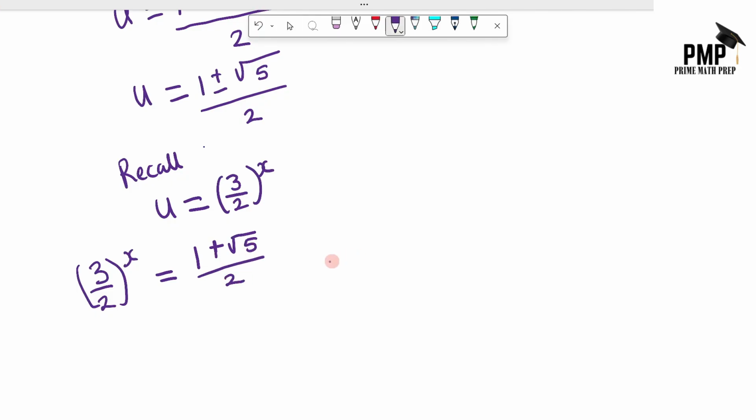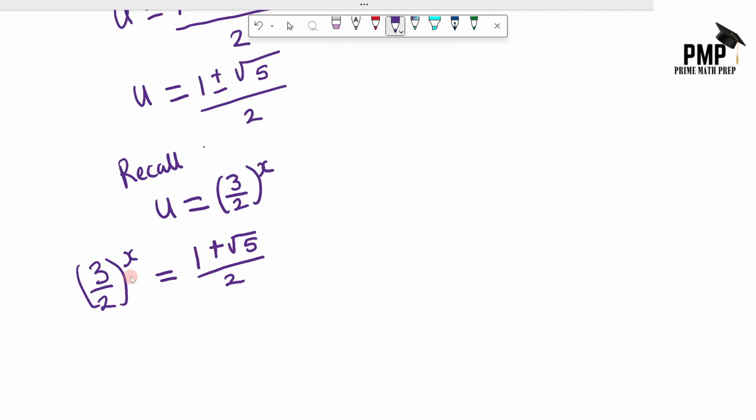The reason why we are using the positive instead of the negative is because exponential equations are always positive. It's always easier to solve them as positive. So we choose the positive aspect of it. So that is (1 + √5)/2.